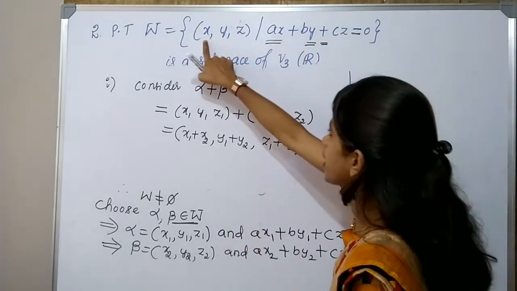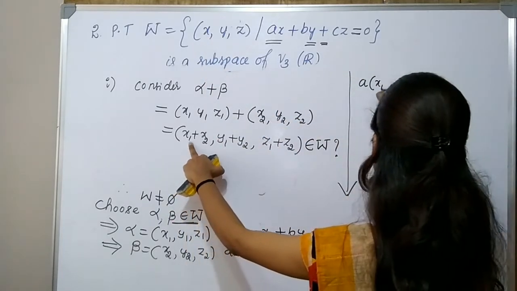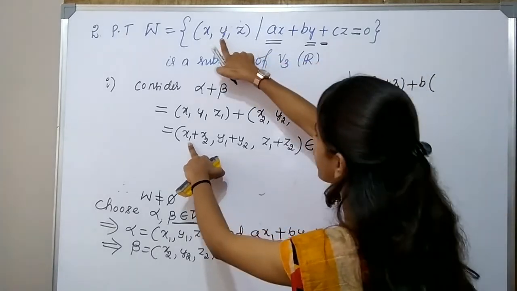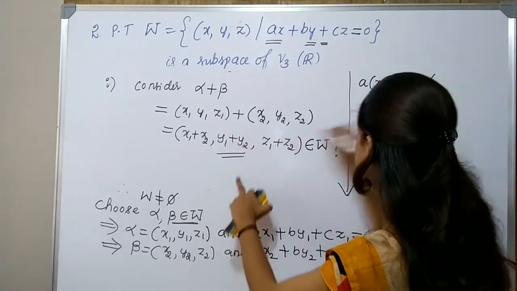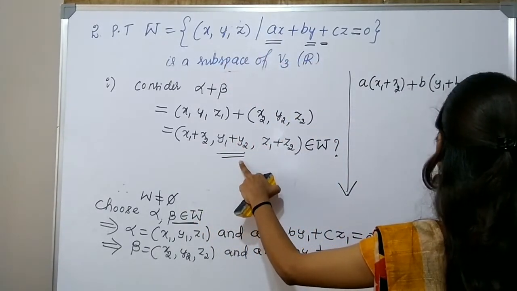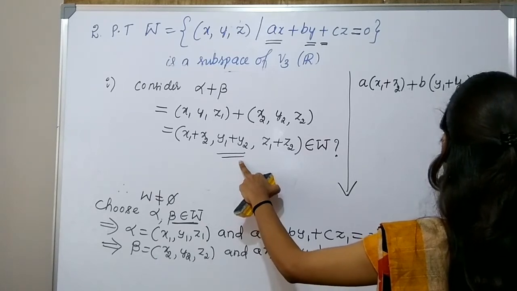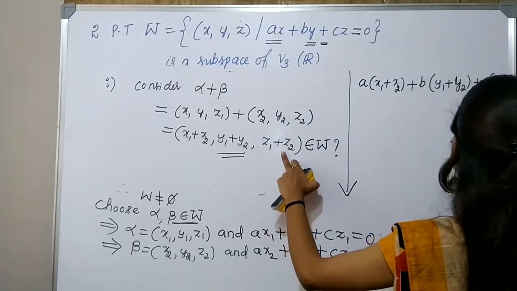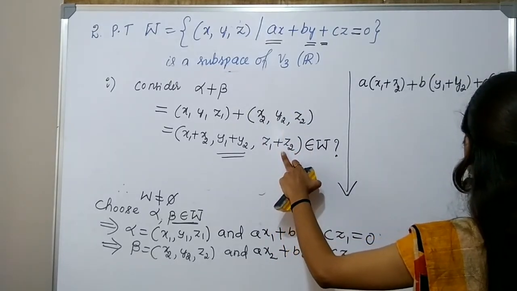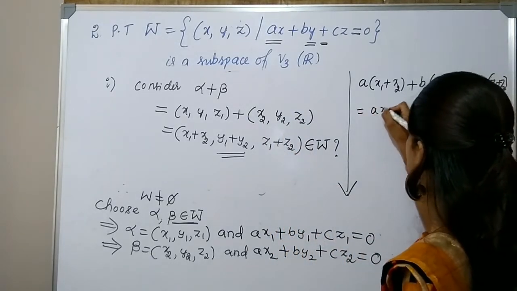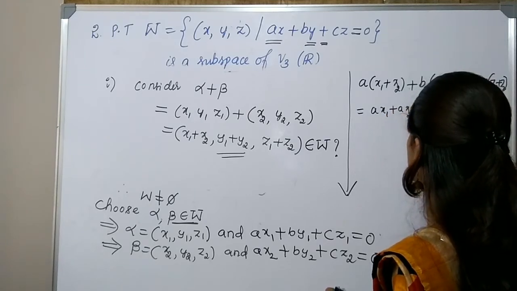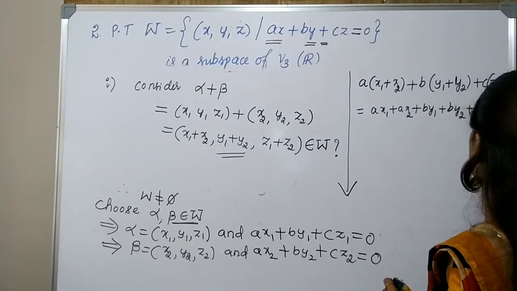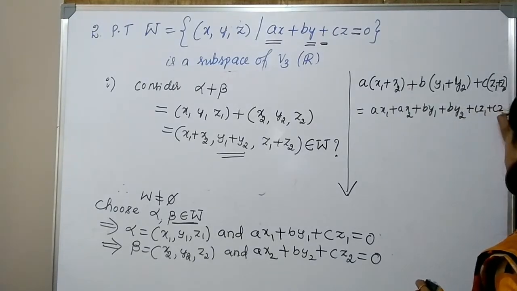In place of x we have x1 plus x2, plus b into y coordinate, in place of which we have y1 plus y2, and lastly c into z, in place of which we have z1 plus z2. So now this is ax1 plus ax2 plus by1 plus by2 plus cz1 plus cz2.